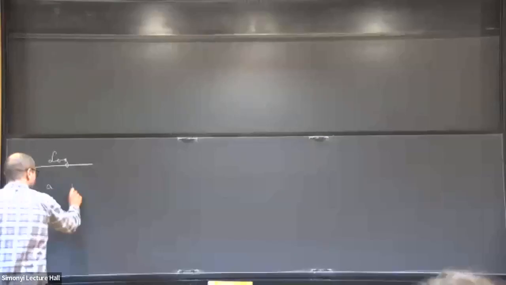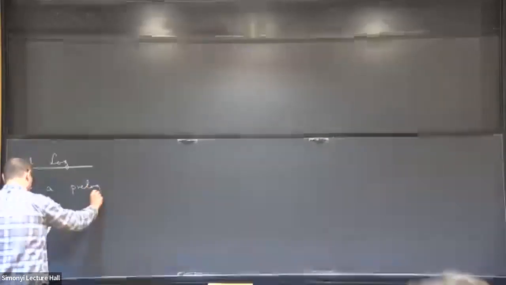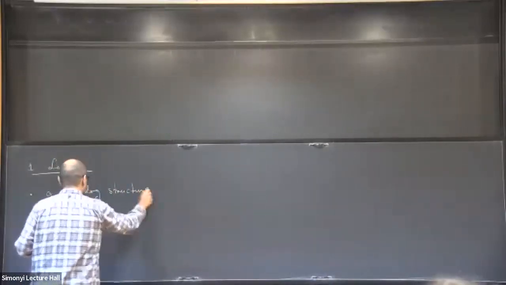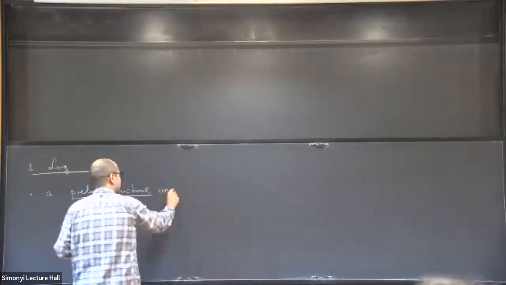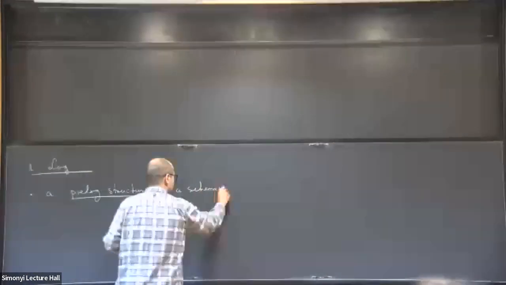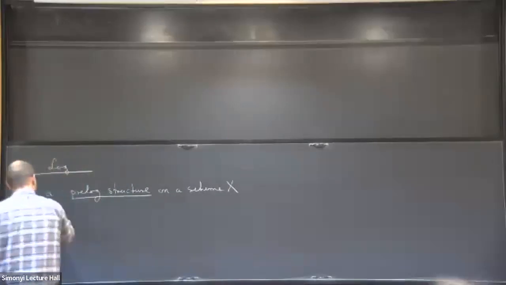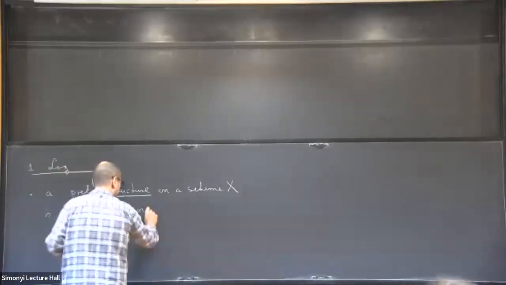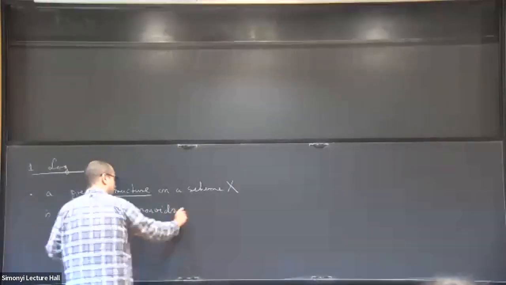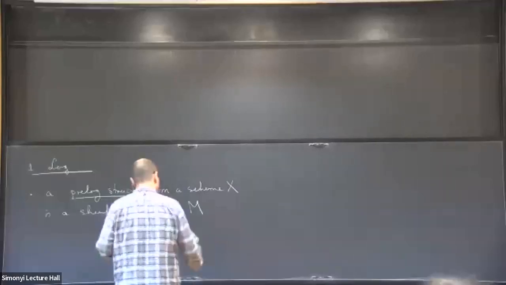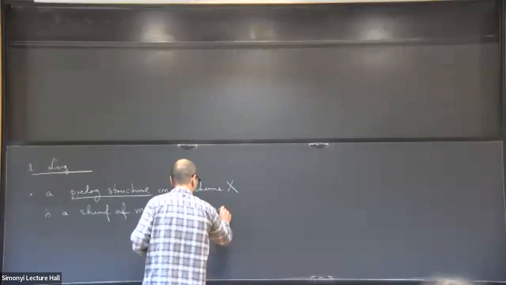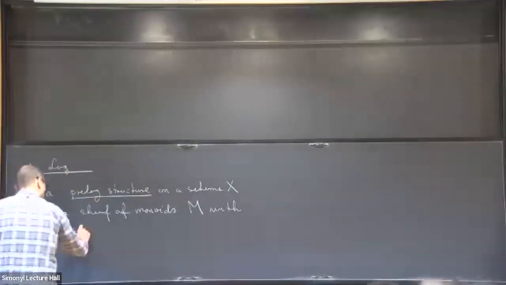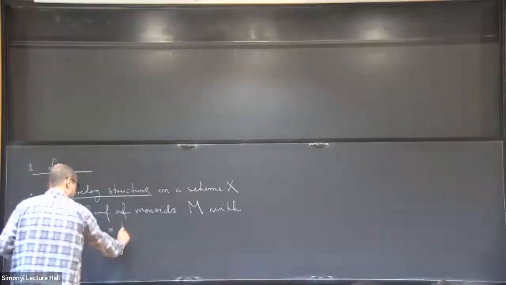So a pre-log structure on a scheme X is a sheaf of monoids M, in the étale topology, with a map of monoids to O_X, which I usually suppress from the notation.